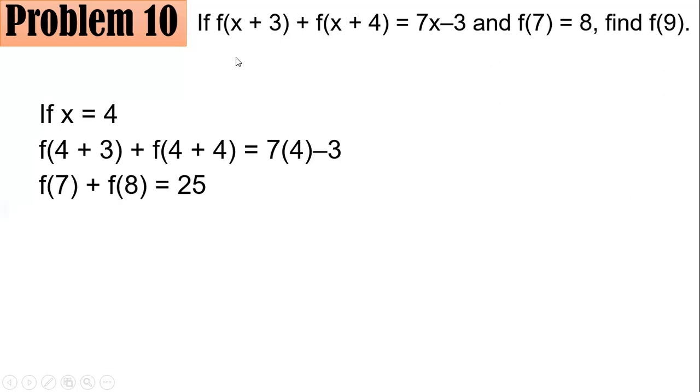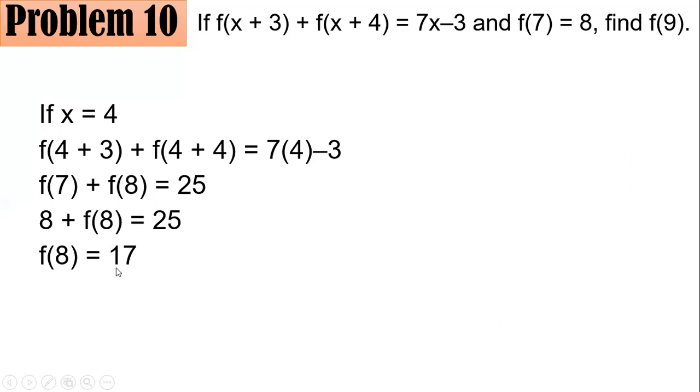But again, guys, what's the value of f of 7? According here to the given, f of 7 is 8. So substituting, we have 8 plus f of 8 equals 25. And subtracting both sides by 8, this tells us that f of 8 is equal to 17.